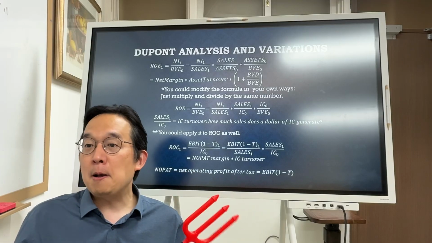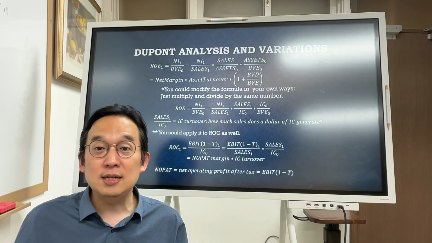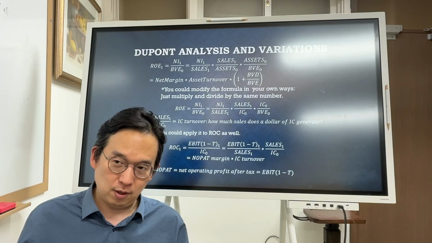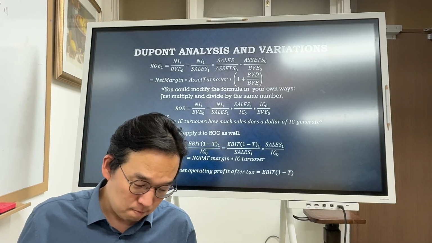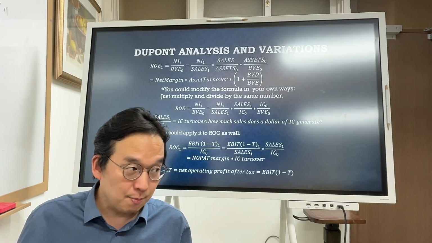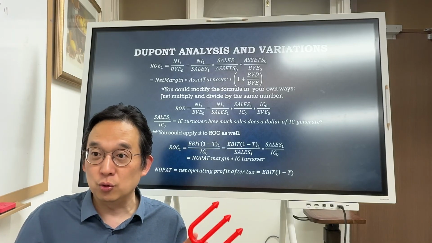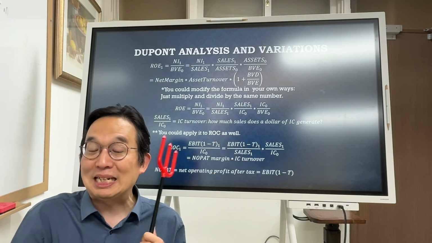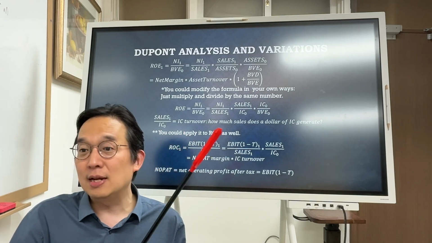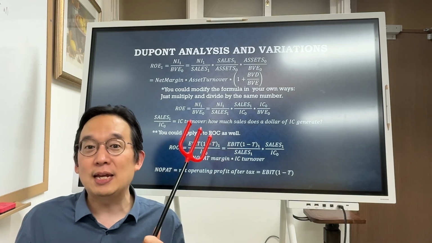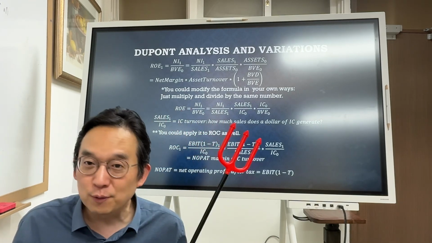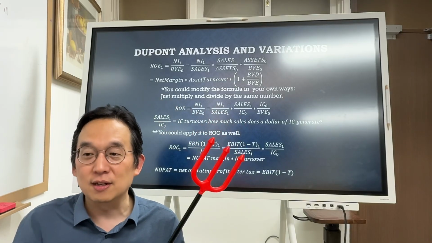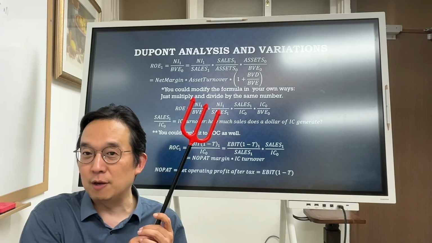Anyway, as we see this ROC and ROE kind of ratios, I should draw your attention to something called the Dupont Analysis and its variations, because Dupont Analysis is an FAQ, frequently asked question, in your job interviews, and financial analysts play with this thing very often.